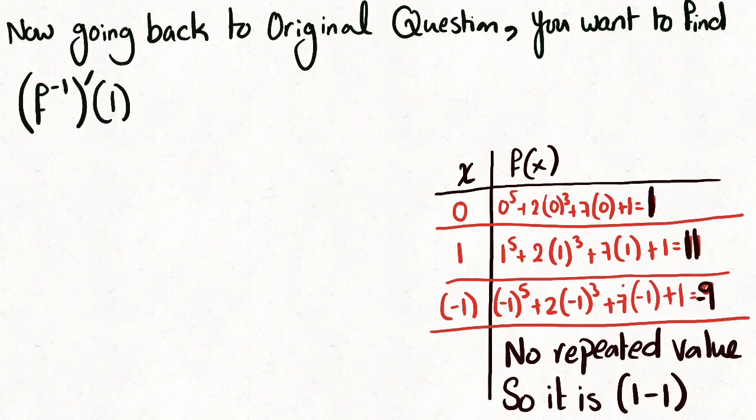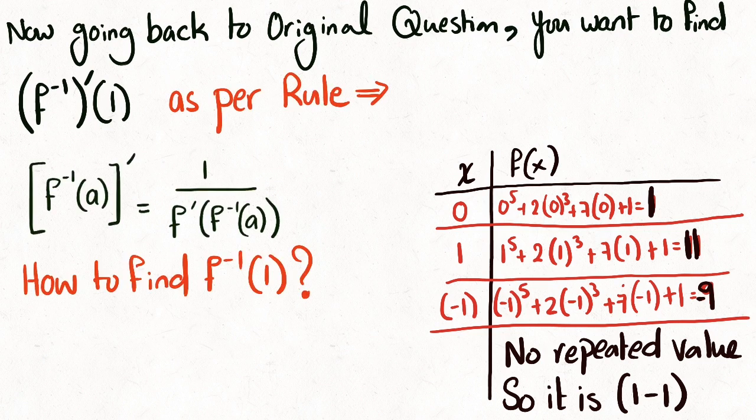Thus, x equals 0 has a relationship with the answer. Thus, I'm just illustrating again what I said a little bit ago. I want to find f inverse of 1. I will go to the table.